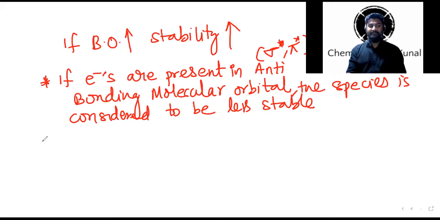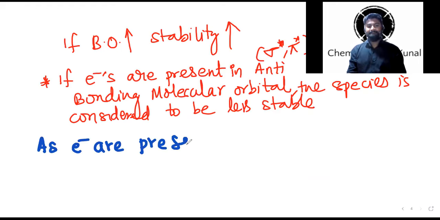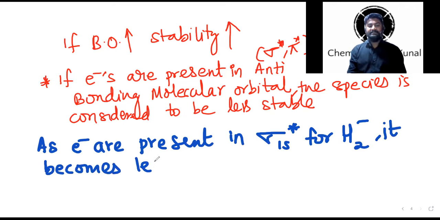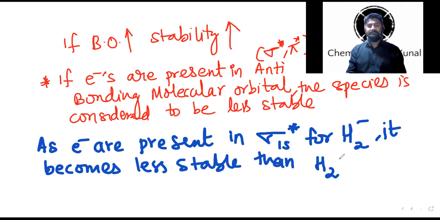So we'll write that as electrons are present in sigma 1s star for H2 minus. It becomes less stable than H2 plus.